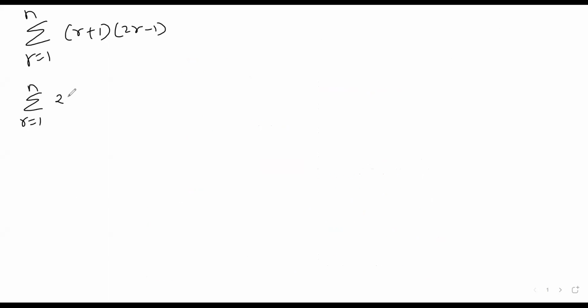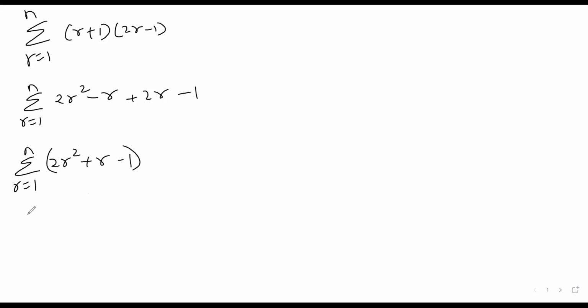We'll multiply this inside. It is 2r square minus r plus 2r minus 1. It is summation r runs from 1 to n, 2r square plus r minus 1.